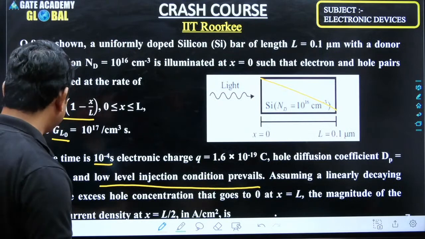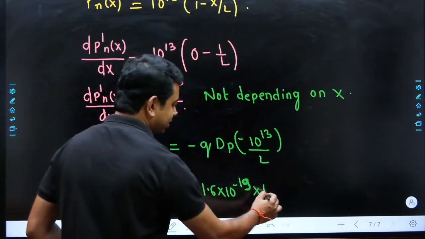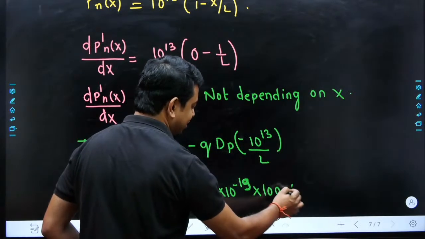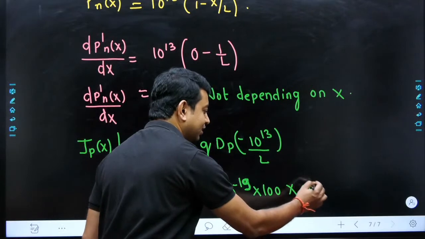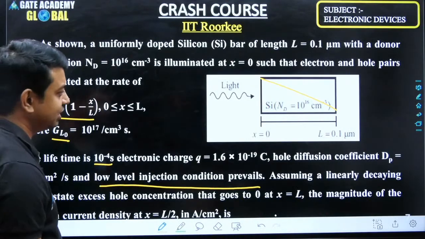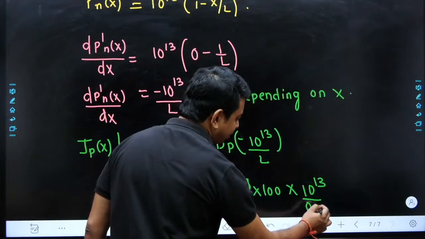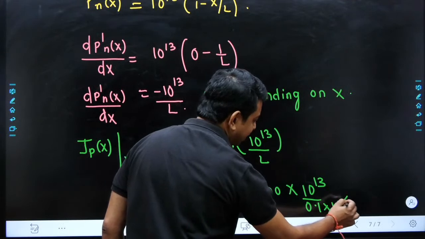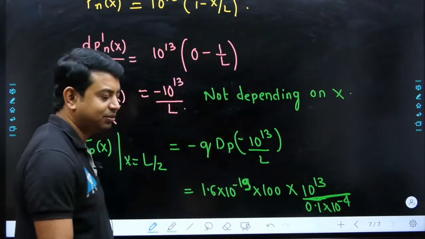And what is the value of Dp? Dp is equal to 100 centimeter square per second. We just write here 100, and this is 10^13 divided by the length of the semiconductor sample, which is given by 0.1 into 10^-4, that is in centimeter, because everything is given in centimeter.